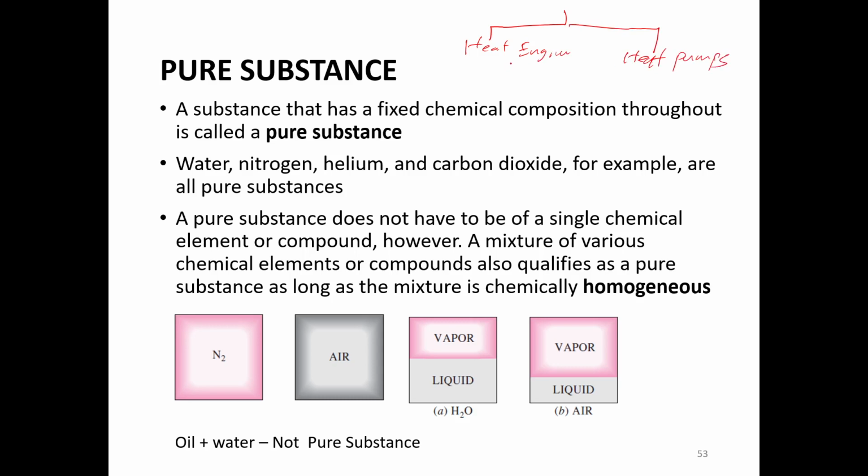On the heat engine side we have gas power cycles and vapor power cycles. On the gas power cycle side you may have discussed the Otto cycle and the diesel cycle, and then the Brayton cycle.